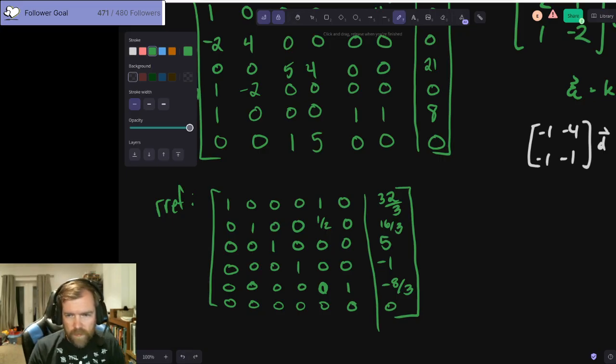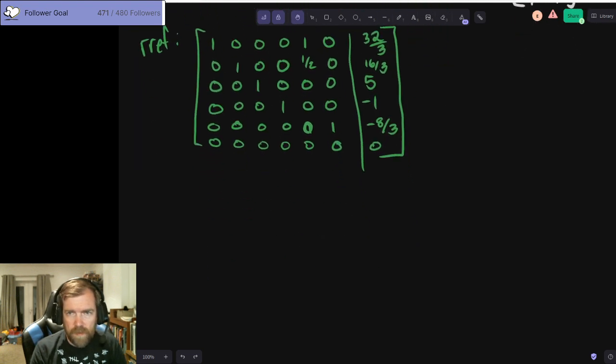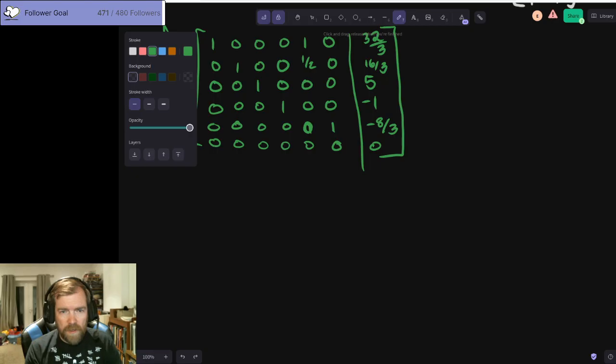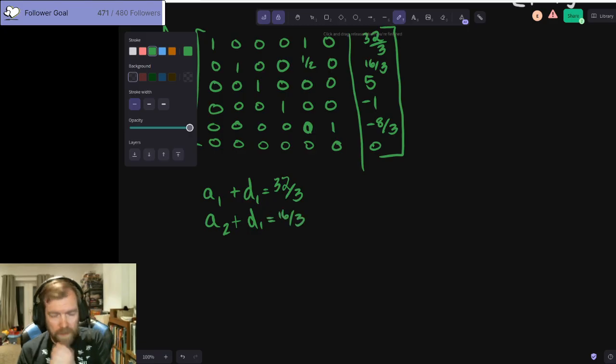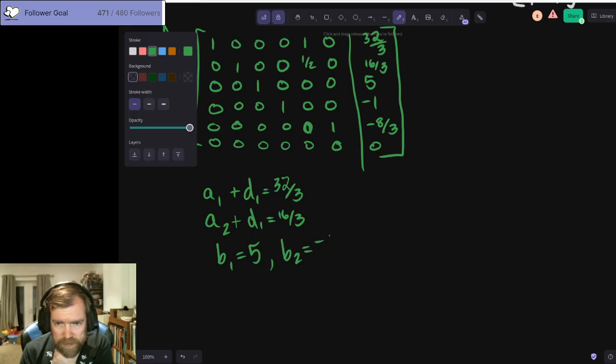Got the row reduced form on the bottom left. Which means a1 plus d1 is 32/3. a2 plus d1 is 16/3. b1 is 5. b2 is negative 1.